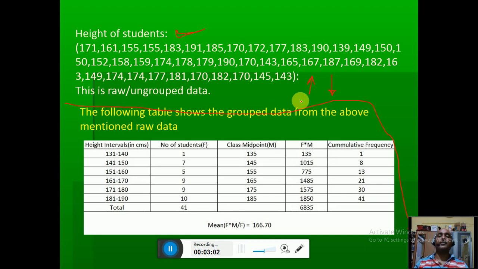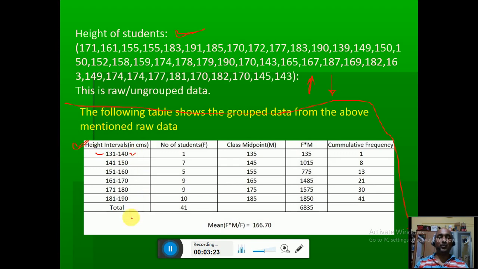So how do we do that? There are different methods, and this is one of them. We will form intervals of the numerical values, and arrange these ranges in this particular way, from 131 to 140, like that.